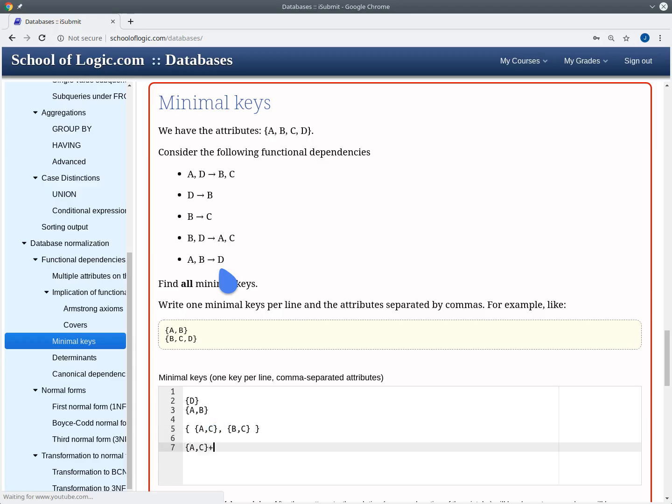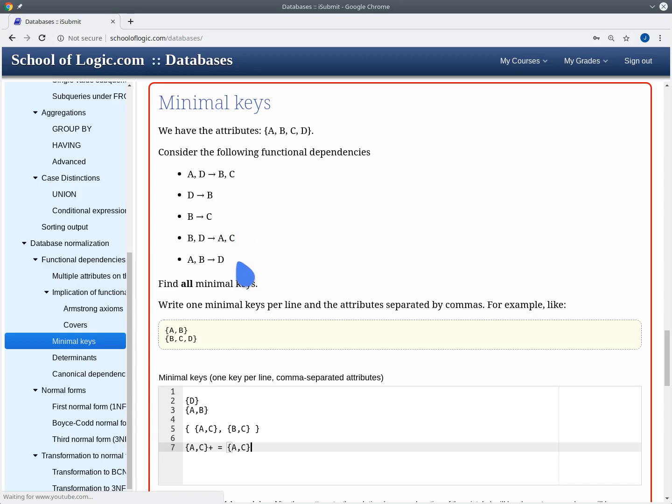Next, let's look at AC. What do we have? The cover, we get A, we get C. This is not applicable, this is not applicable. We don't have B, we don't have AB.